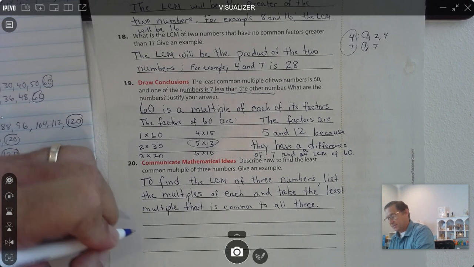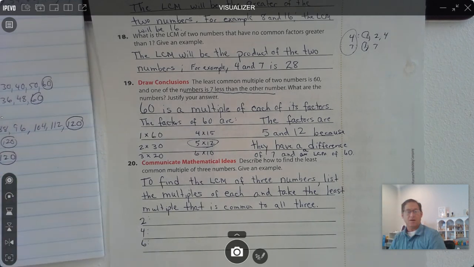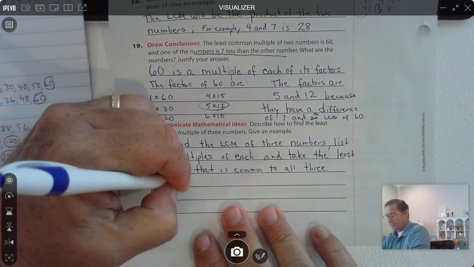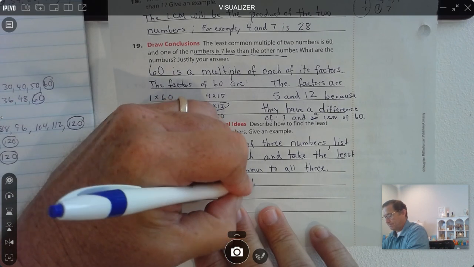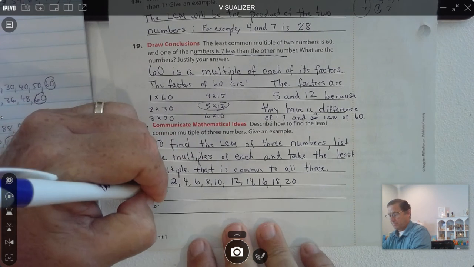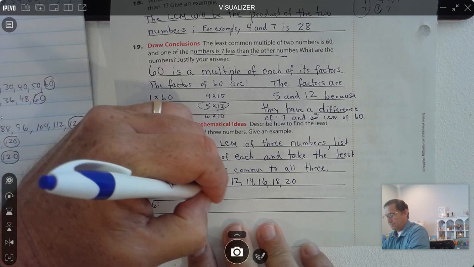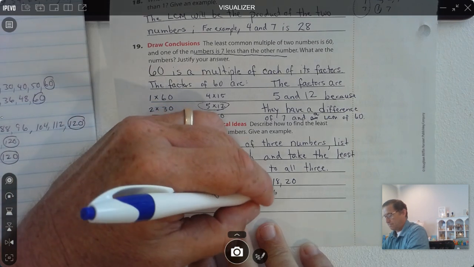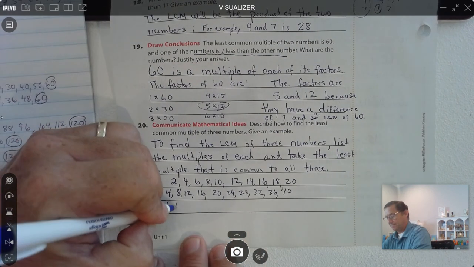So for instance, what have we just said? 2, 4, 6. And I want to find the least common multiple of those 3 numbers. We'll list the multiples of 2. List the multiples of 4. List the multiples of 6.